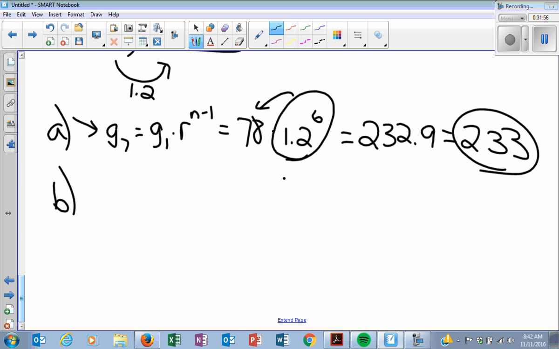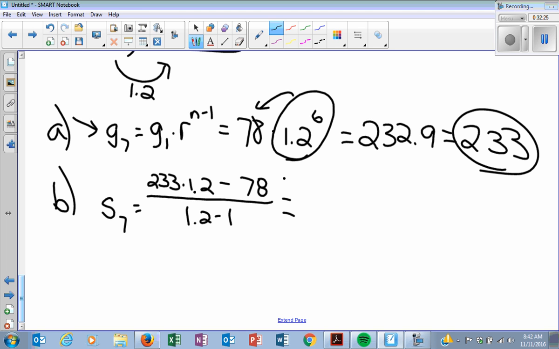And Euclid said, for this series to 7, I need the geometric one, which means I need the 7th day's total sales, which is 233, times that common ratio, which was 1.2, minus the first term, 78, all divided by the common ratio 1.2 minus 1.